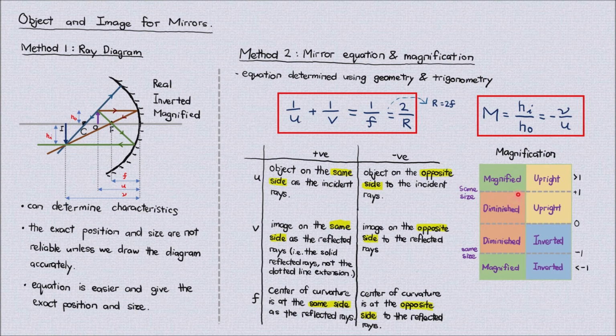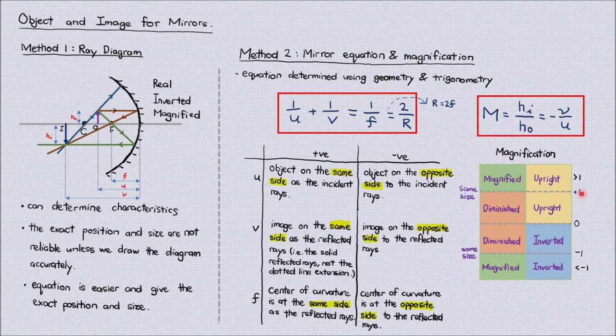To determine this using magnification, if your M is greater than 1, then it means that h image will be greater than h object. If h image is greater than h object, the image is larger than the object, so you can rightfully say that it's magnified.